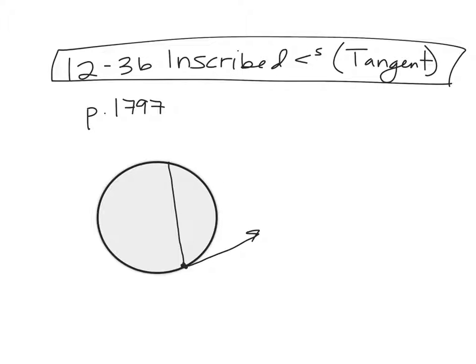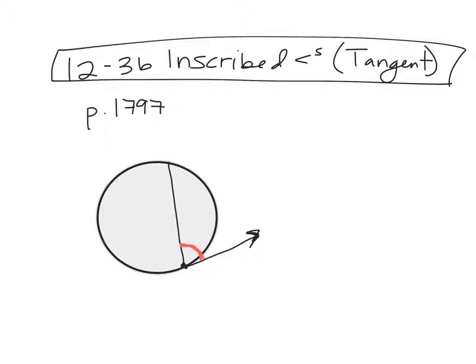Okay, so now my angle is this angle. The rule is treat that like an inscribed angle. It looks a little bit different because you have the tangent now, but the rule is the same. That angle is half as much as its intercepted arc.